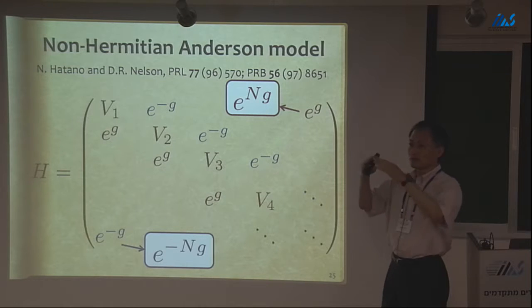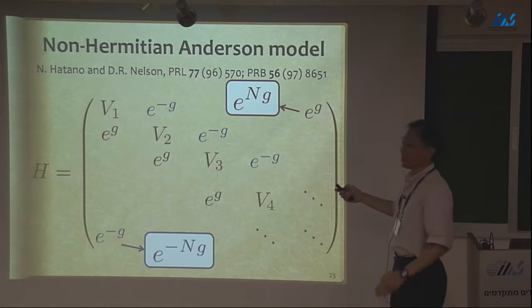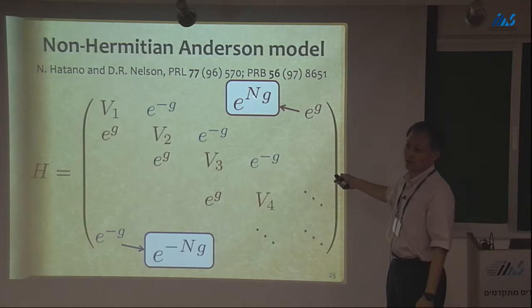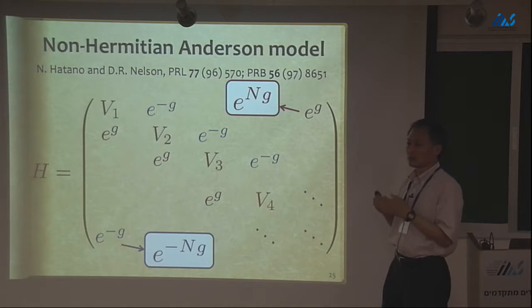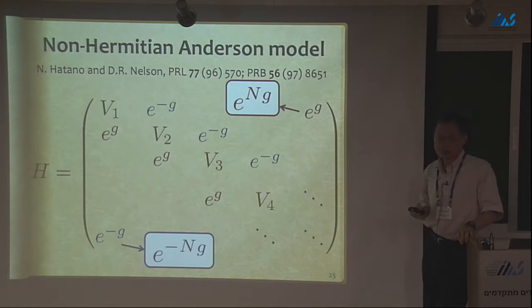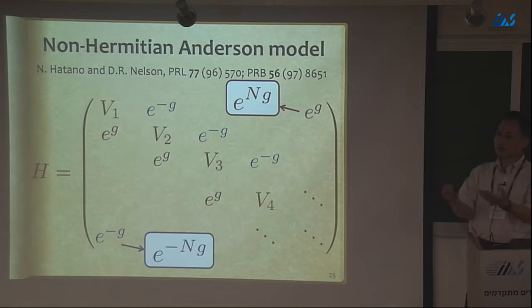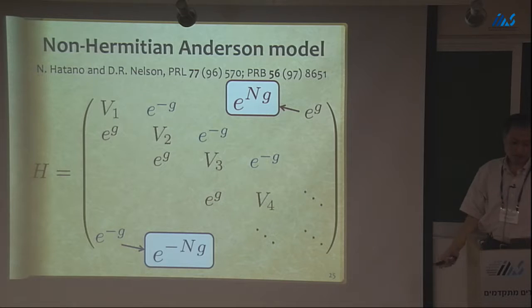But if the eigenfunction is strongly localized, then it doesn't touch this, and the imaginary gauge transformation works. So that's how the periodic boundary condition can mimic the argument for the infinite system.